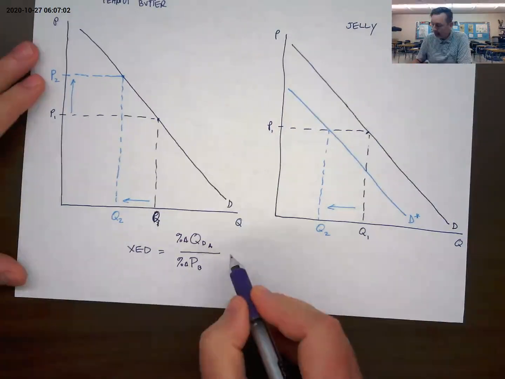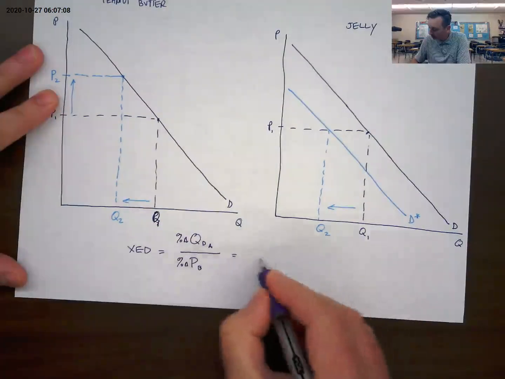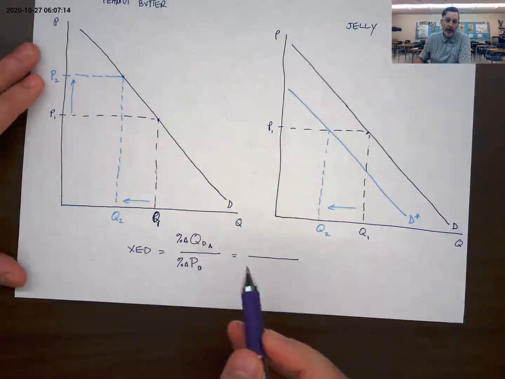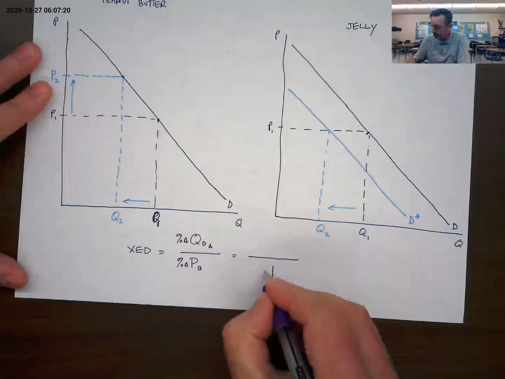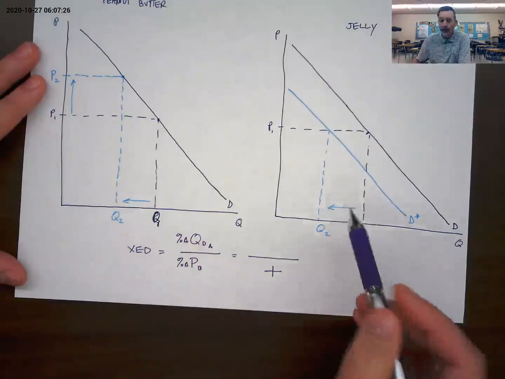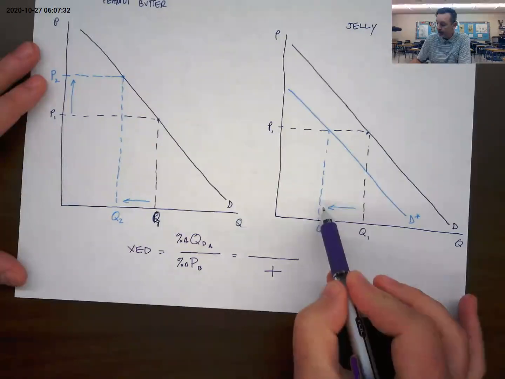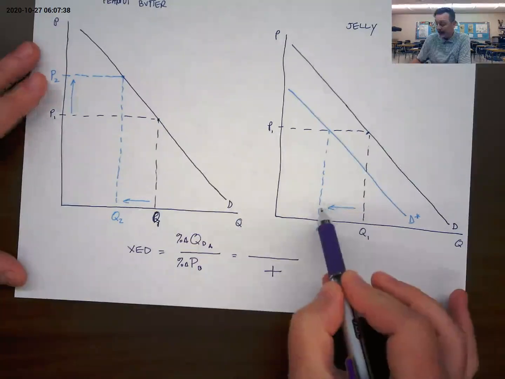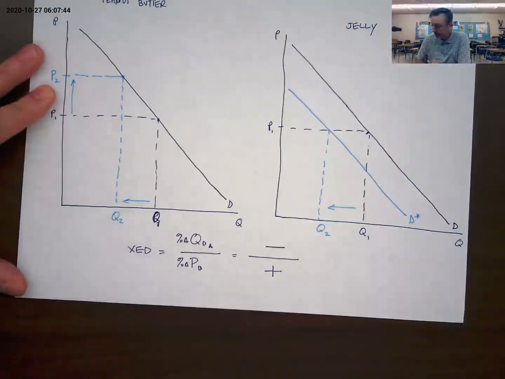So in this case, our jelly is our good A, and our peanut butter is our good B. If we look at our percentage change in price of good B, we don't care about the percentage change. All we care about is the coefficient. We had an increase in the price of good B, so that coefficient is going to be positive. When we look at a positive change in price for peanut butter, and we look in the jelly market, we note that our demand shifts left, and we are going to buy less of that product, which means that our coefficient is negative.